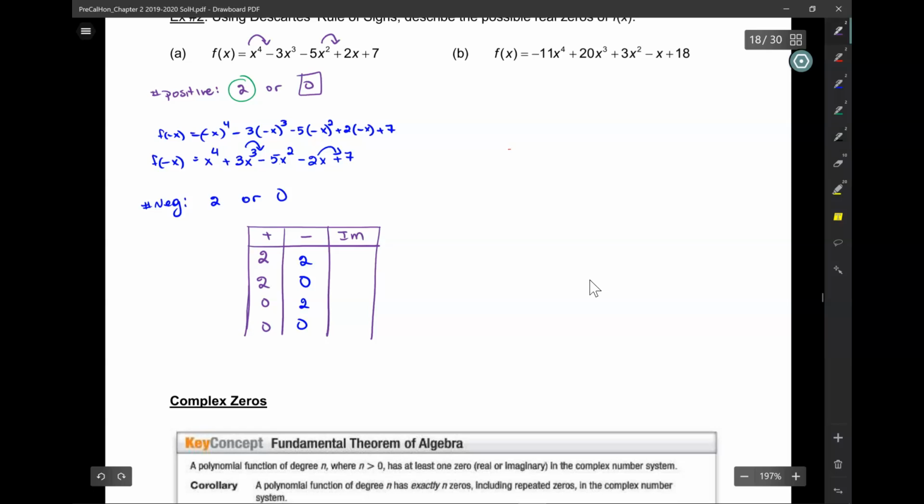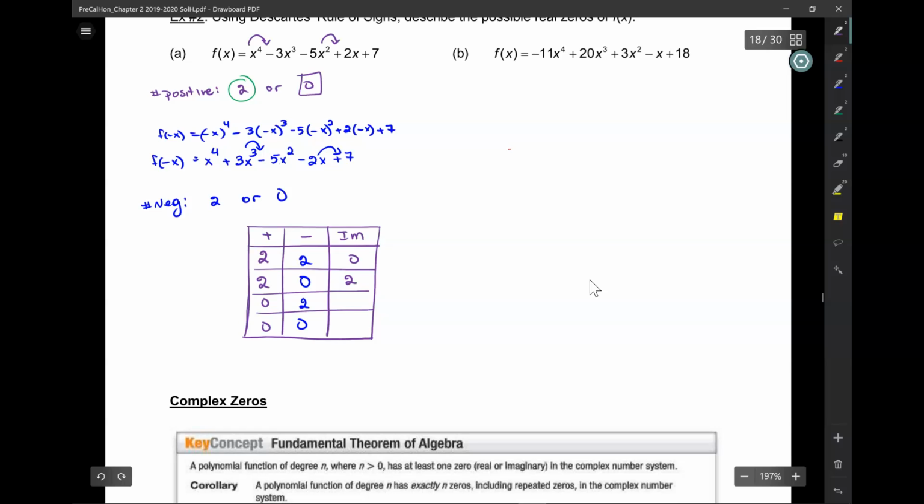So now, look at what this tells you. Each row has to add up to the degree. What's the degree here? 4. So look at this one. 2 plus 2 makes 4. How many is left over to make 4? 0. So you put 0 there. 2 plus 0 is 2. How many more do we need to make 4? 2.